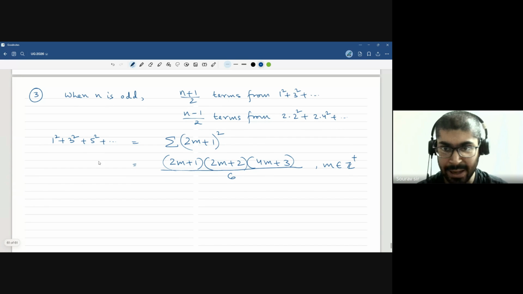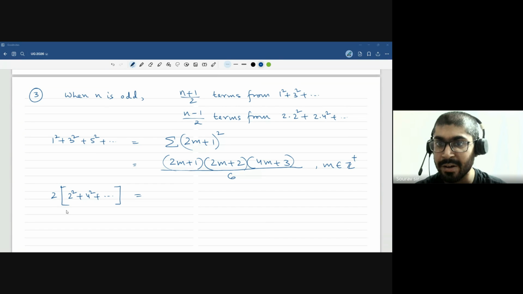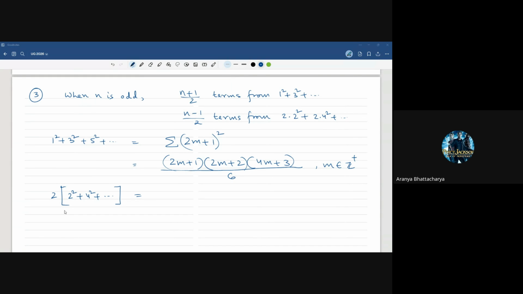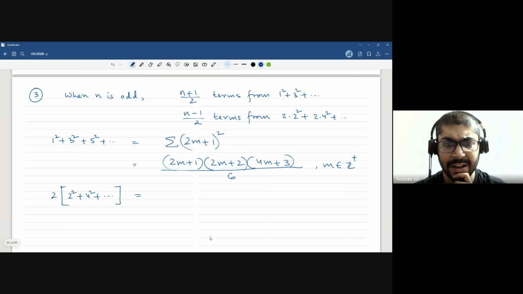So we have this 2 into 2 square. I can take 2 common, right? So if I take 2 common, then I'll get 2 square plus 4 square plus dot dot dot, right? Should I take 4 or should I take 2? Yes, I can take 2.